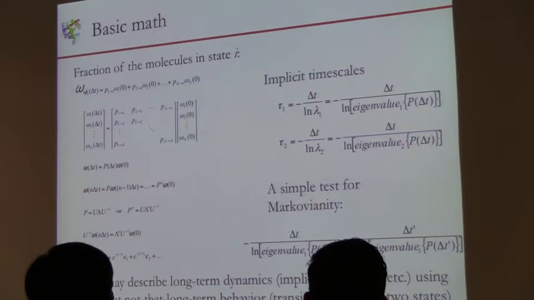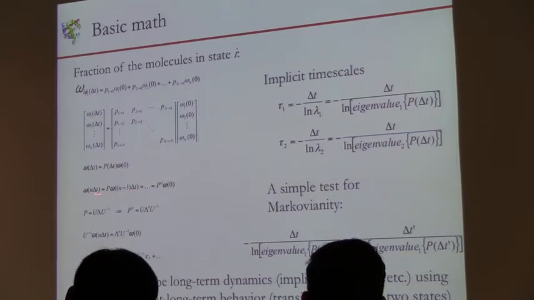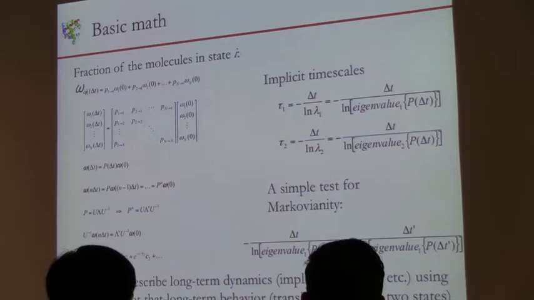Then at an arbitrary moment in time, fractions of the molecules in different states can be calculated by iteratively applying the transition matrix to the vector of the initial state of the system. So omega at time n times delta t is P to the nth times the initial vector.